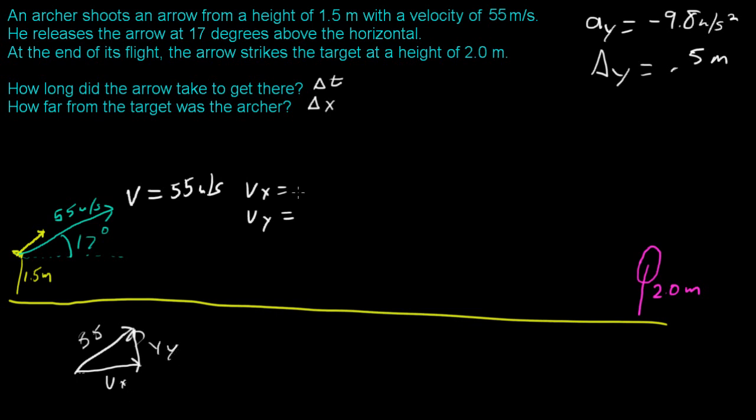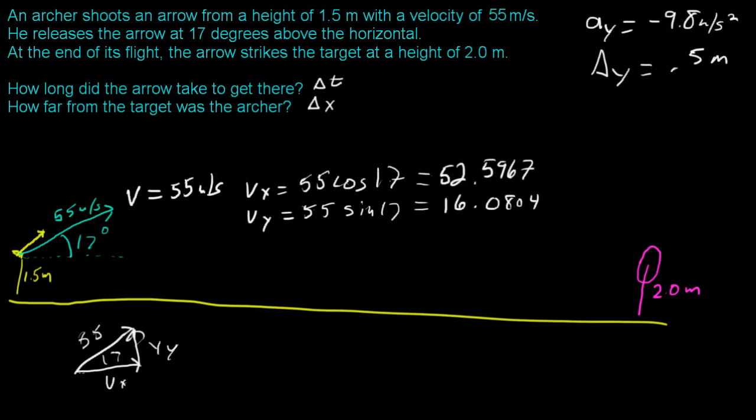And remember that vx is just going to be 55 cosine of theta, which is 17, right, because that's 17. And vy is going to be 55 sine of 17. So we can very quickly and easily get our components. And through the magic of technology, here they are, 52.5967 and 16.0804.